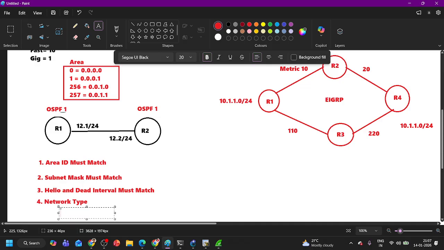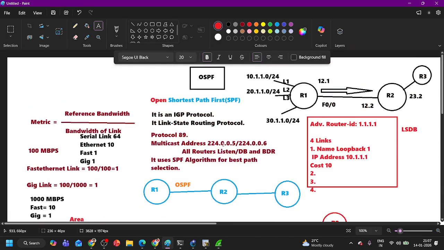What I'm trying to say is we have two multicast addresses, right? One is .5 and the other one is .6. And you said by default it's doing broadcast, right? So it's using .5. Not broadcast, multicast. My bad. All OSPF routers listen on .5 multicast, and DR and BDR listen on .6.